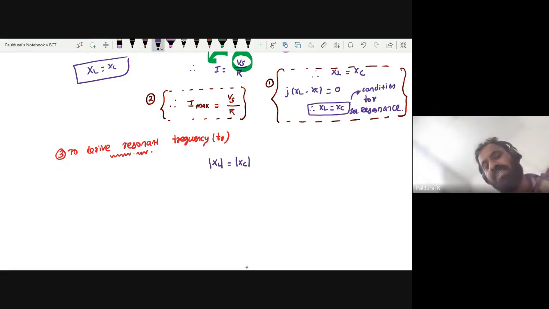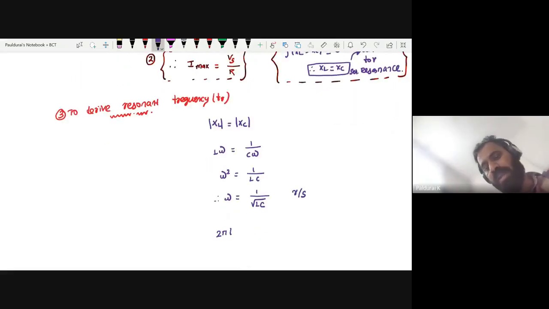XL is L omega, XC is 1 by C omega. Now take this, omega squared equal to 1 by LC. Therefore, what is my omega? 1 divided by square root of LC, in radians per second. But omega equal to 2 pi f.